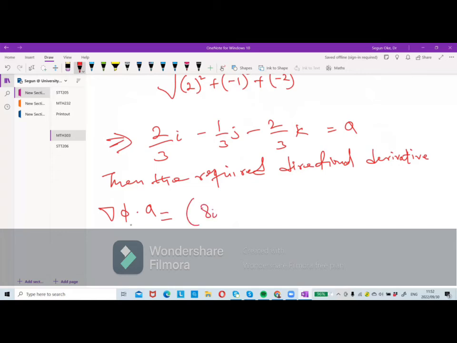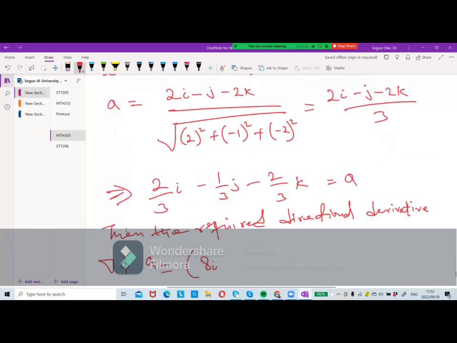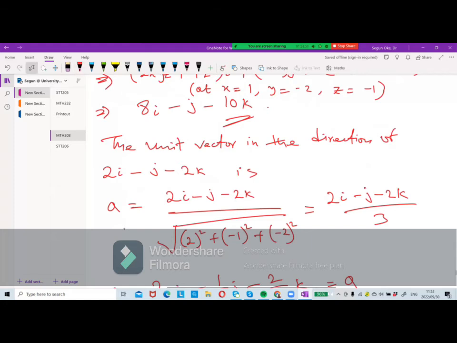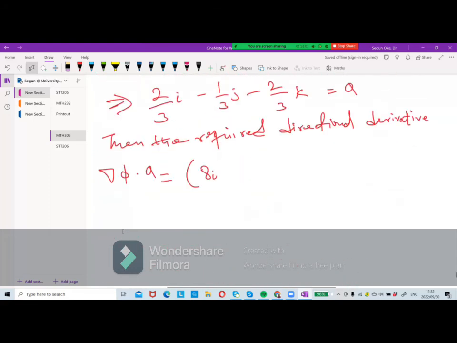Don't forget, we have our phi from here. So we have 8i minus j minus 10k dot 2 over 3 i minus 1 over 3 j minus 2 over 3 k.